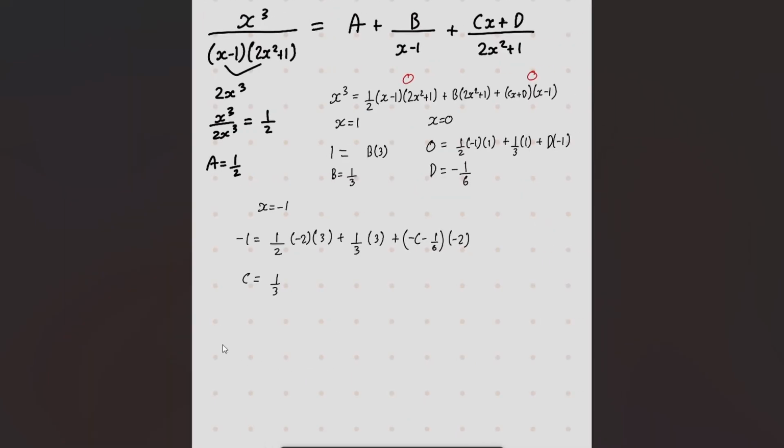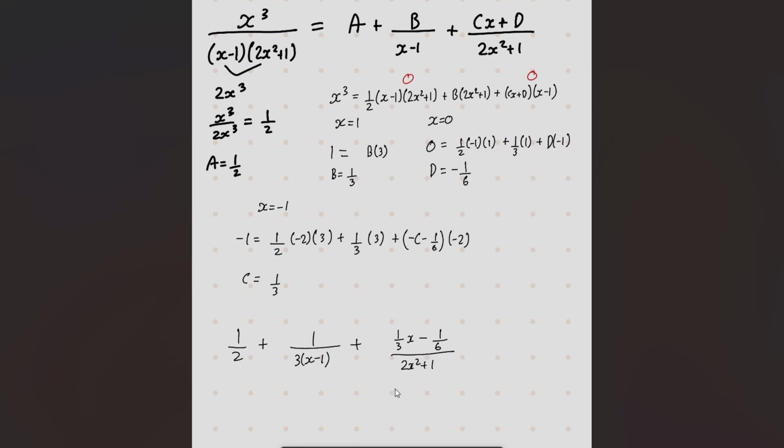So now you've pretty much decomposed this into 1 over 2 plus b, which is 1 over 3, times x minus 1, plus c, which was 1 over 3, plus d, which is minus 1 over 6. So you're going to have 1 over 6 here, over 2x squared plus 1.